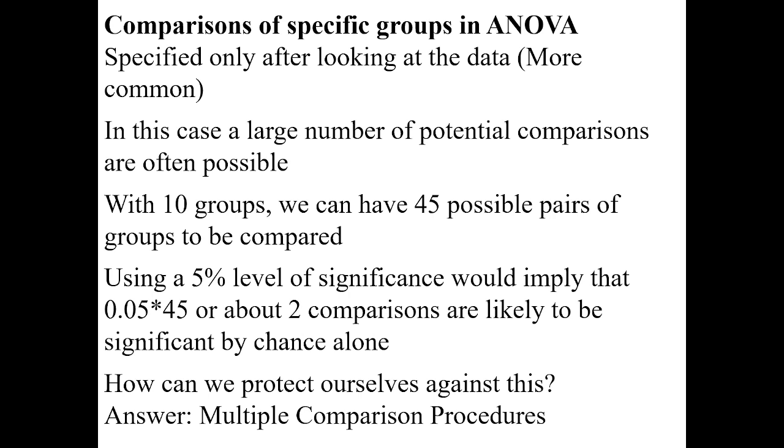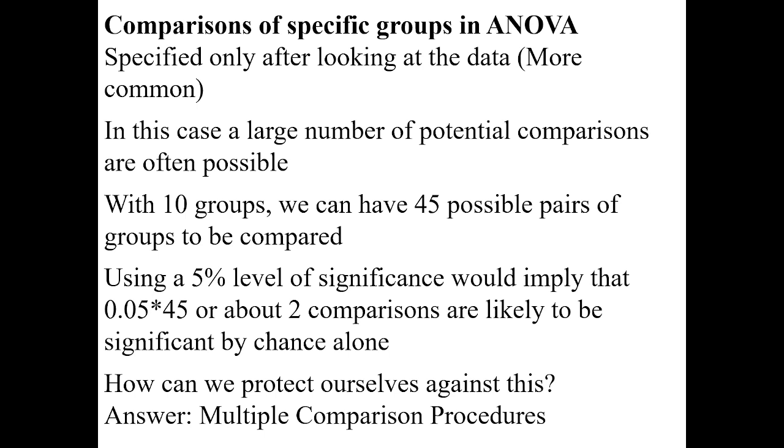Earlier we mentioned that the more tests you do, the more probability of finding at least one significant result. So using a 5% level of significance for each of these 45 possible pairs would imply 0.05 multiplied by 45, or about 2 comparisons are likely to be significant by chance alone. Even if the null hypothesis is correct, you may end up with a significant result in 2 comparisons of the 45.